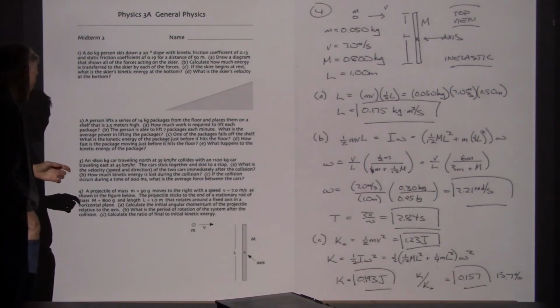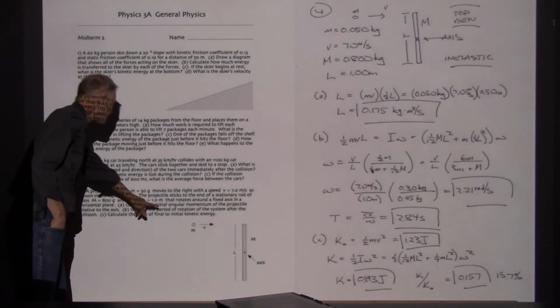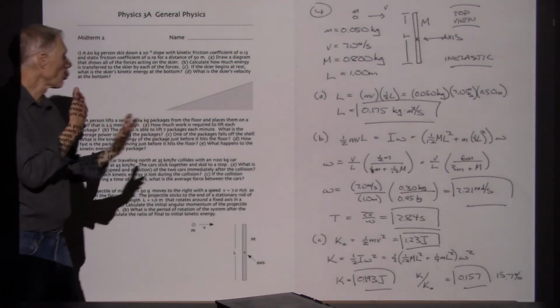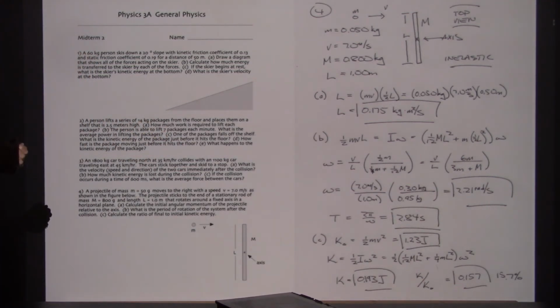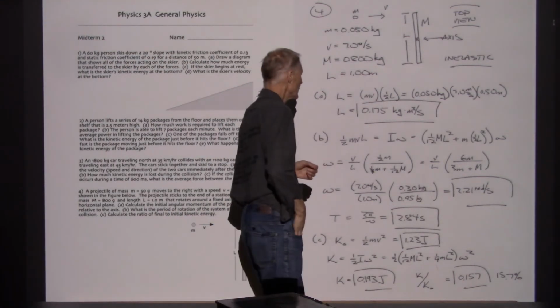Now in part B, it says what's the period of rotation of the system once the collision has taken place. And the collision is completely inelastic. So that little projectile is now stuck to one end of the, I'm calling it a meter stick, I guess.